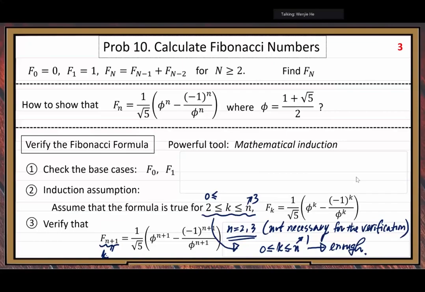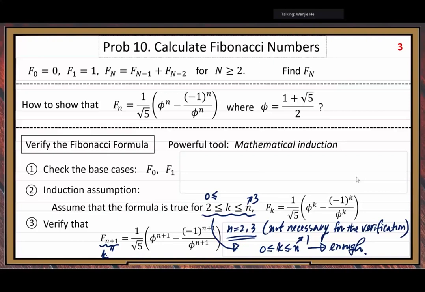After another step of enlargement, we can change the upper bound to n plus 2, then n plus 3, n plus 4, and keep going to infinity.